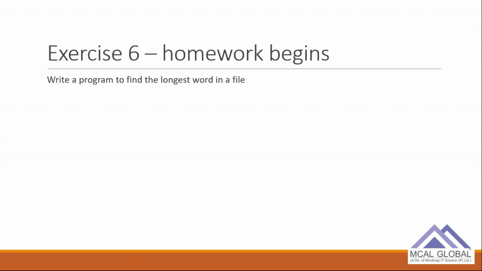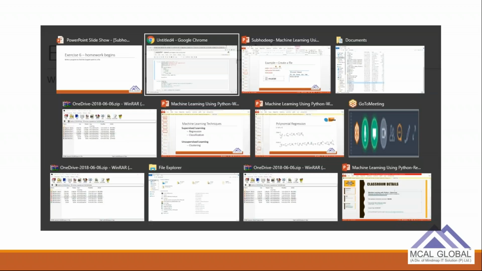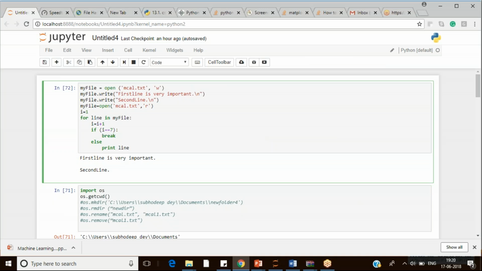Okay, this is a homework, but just to tell you: write a program to find the longest word in a file. It's a very easy thing. I've already told you how to access the word. Whenever you're accessing a word, just put the length function in that, like we did yesterday, length of any list, length of any string.